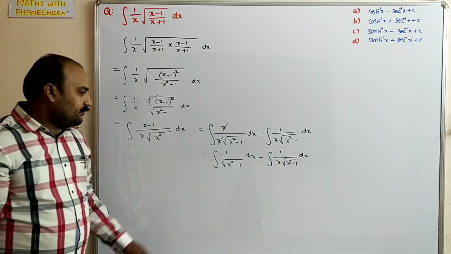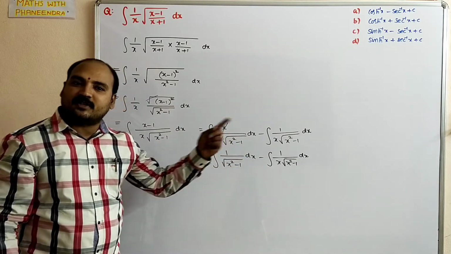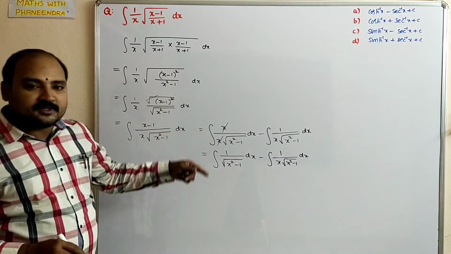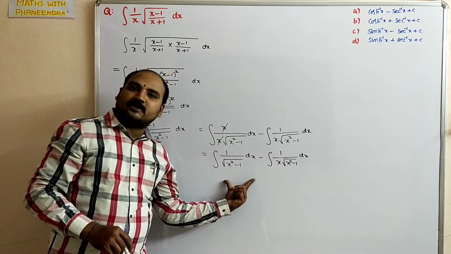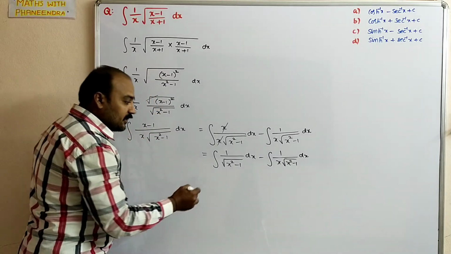We know that integral 1 by square root of x square minus 1 into dx is cosh inverse x according to the option. Sometimes in options they will give log mod x plus root of x square minus 1 also. Even you can write it in terms of log.